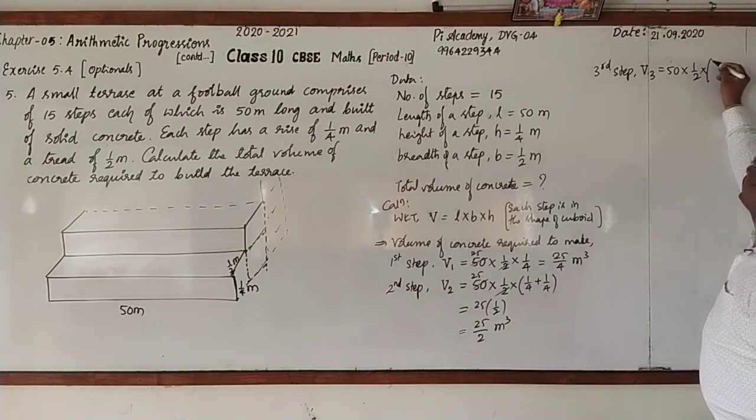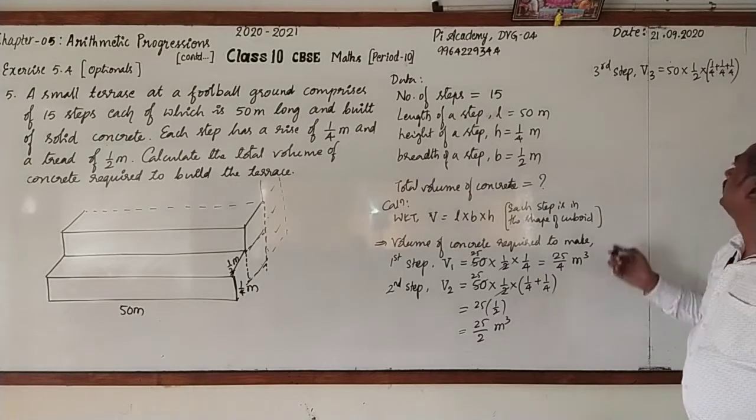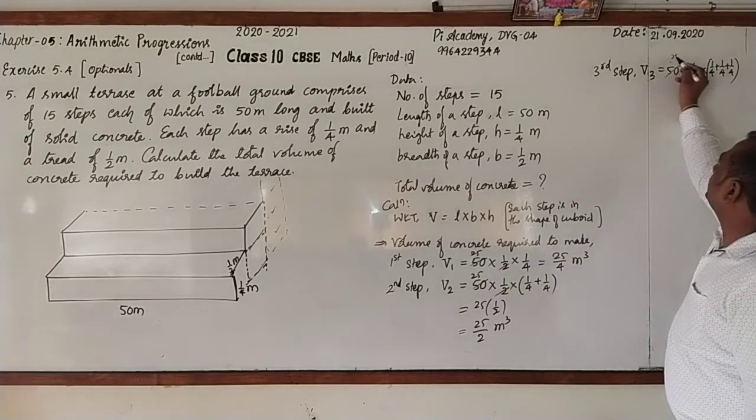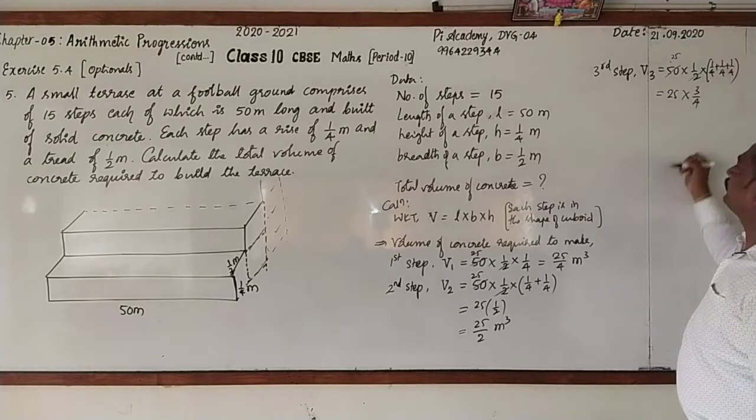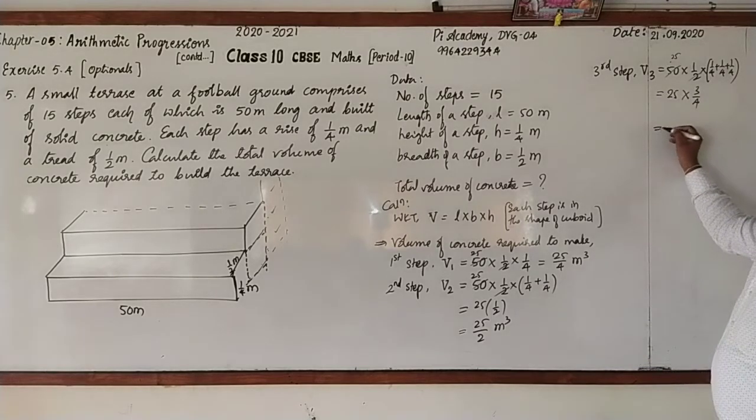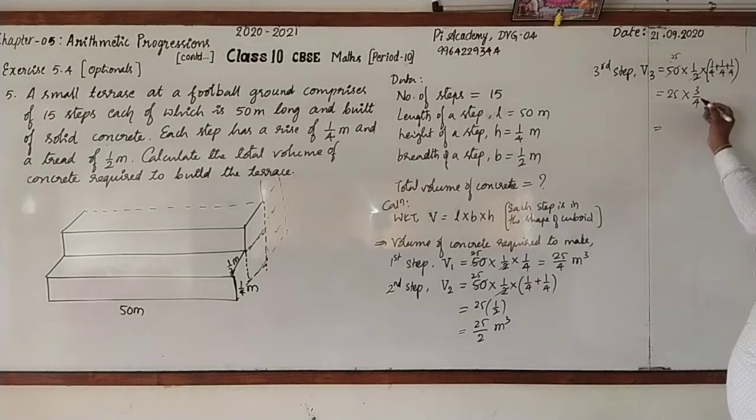In bracket, for your reference, I am writing 1 by 4 plus 1 by 4 plus 1 by 4. Or else you may write it directly 3 by 4. Next, 1 2 25 2. It is equal to 25 into 3 by 4. What is 25 3s? It is 75. 75 by 4 meter cube.